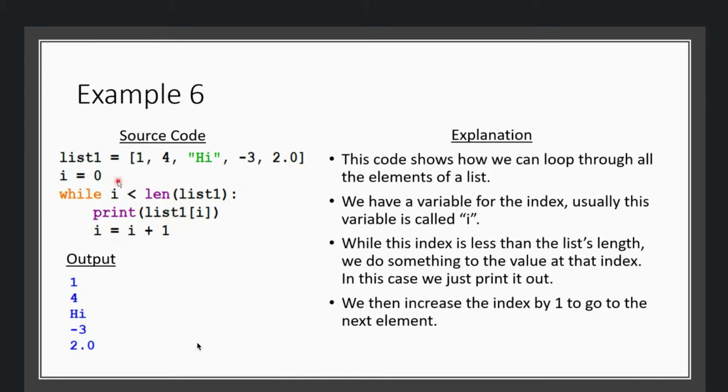So at first i is 0, so we're going to be indexing list 1 0, and we're going to print out 1. Then we're going to print out list 1 index 1 because we added 1. So we're going to print out 4. Then we're going to loop again, we're going to add 1. So list 1 2, we're going to print out high, we're going to add 1.